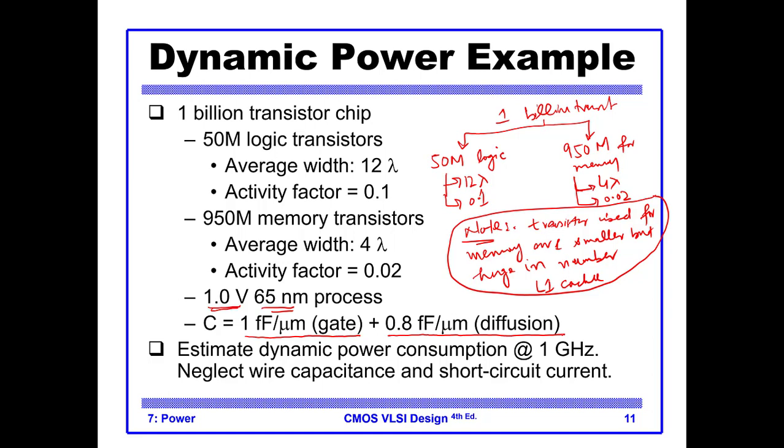The question is to estimate dynamic power consumption at 1 gigahertz of frequency, neglecting wire capacitances and short circuit current. We have already seen that short circuit current is less than 10% of the dynamic power consumption, and wires also have capacitances, but we are told to neglect those.